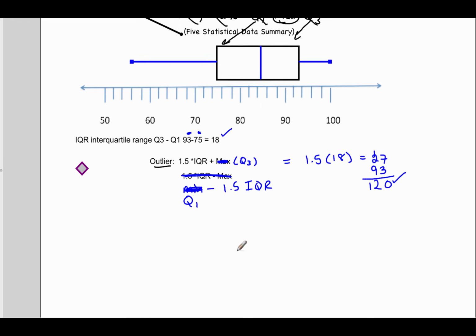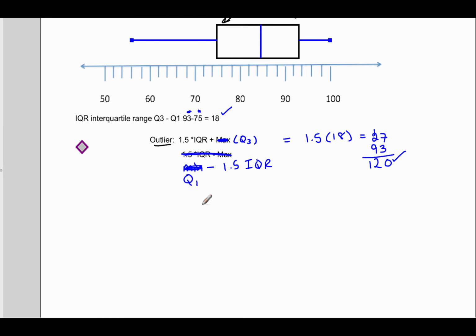So now I'm going to do quartile 1, which was, I believe, 75, and I'm going to minus from it 27, because that's what 1.5 times my interquartile range is, and I'm going to get 48. So anybody who's a 48 and below is an outlier. So guess what? This kid who scored a 56 is not an outlier. We can include him in my statistical summary.